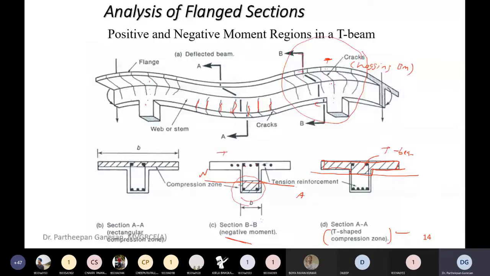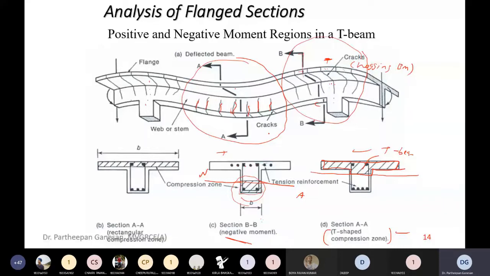You will design it as a rectangular beam only, not as a T-beam. Unlike the midspan, where there is a sagging bending moment and you design the beam as a T-beam, at a support with a negative bending moment you design the section as a rectangular beam, because the tension zone is at the top and all the concrete in the tension zone is neglected.